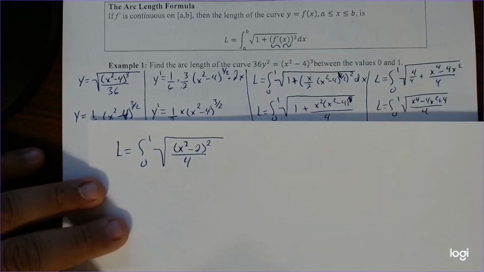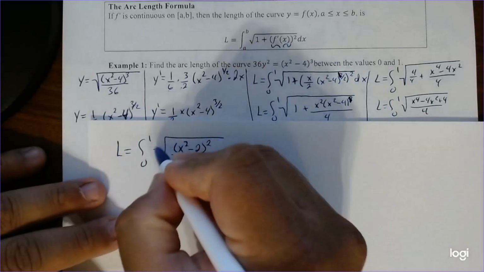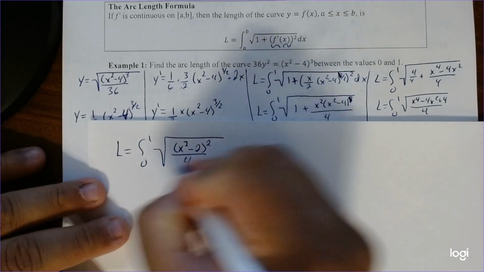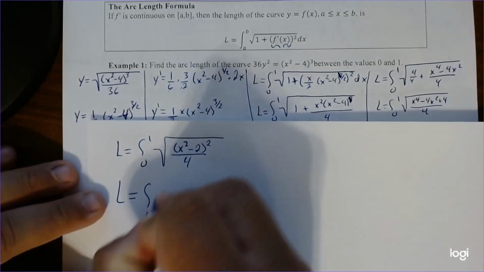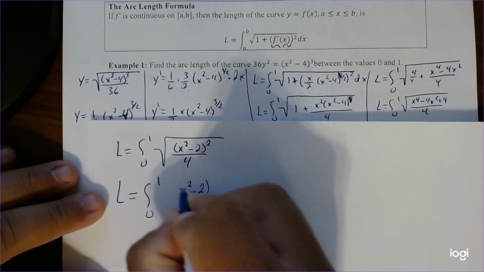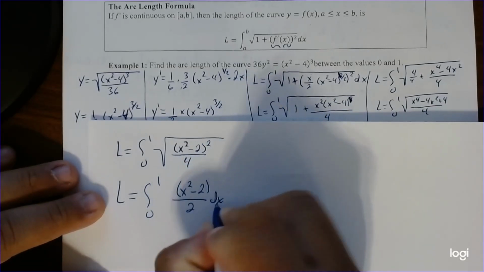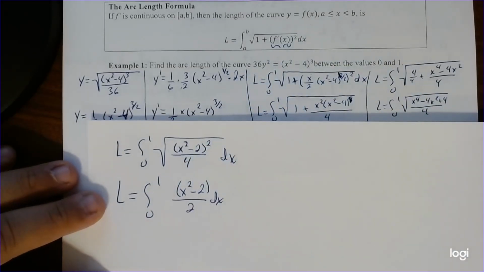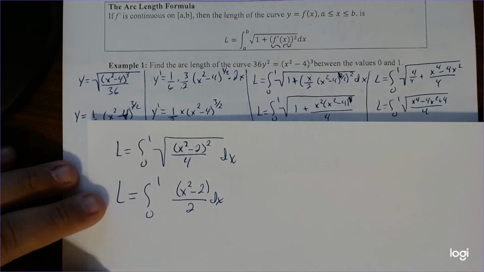If you use the x method or AC method. And now notice, look what happens to the square root. Everything cancels, right? That cancels with that. Square root of 4 is 2, so this ends up being the integral from 0 to 1 of x squared minus 2 all over 2 dx, which is far easier to take the integral of when it comes to it.